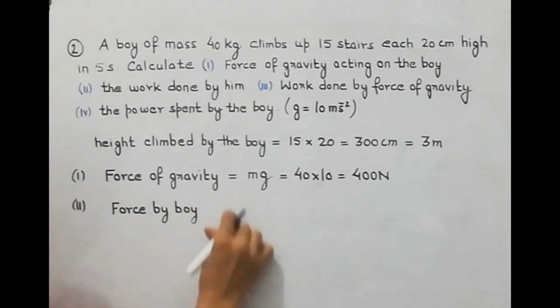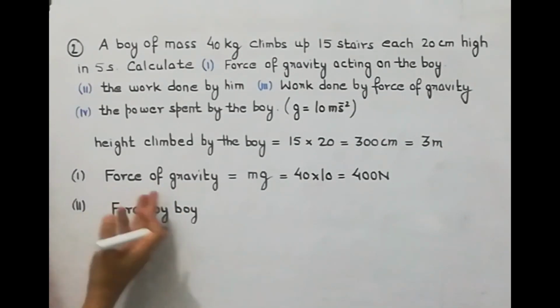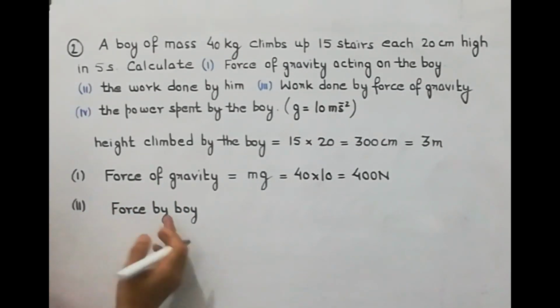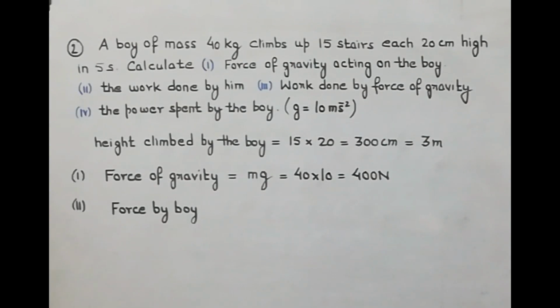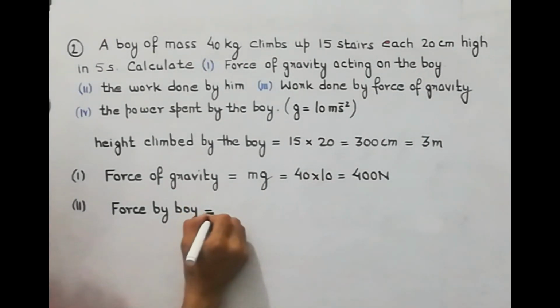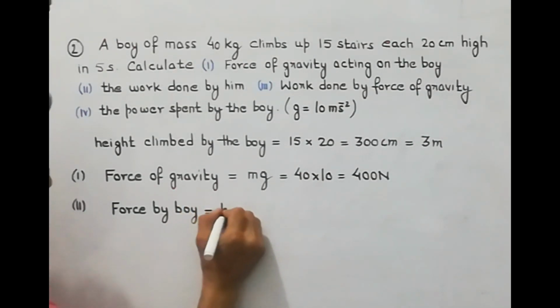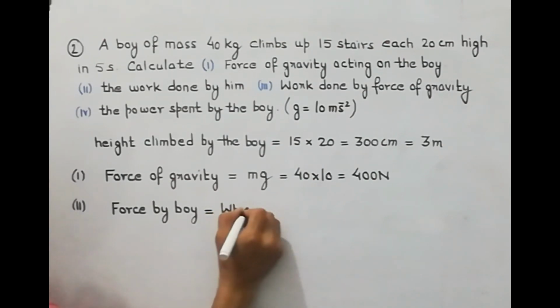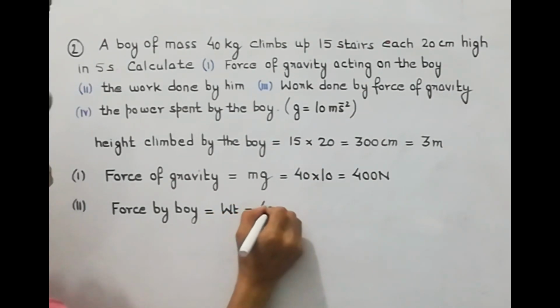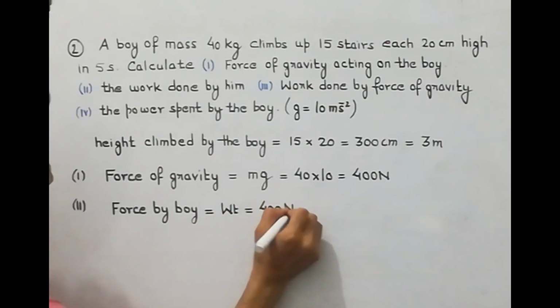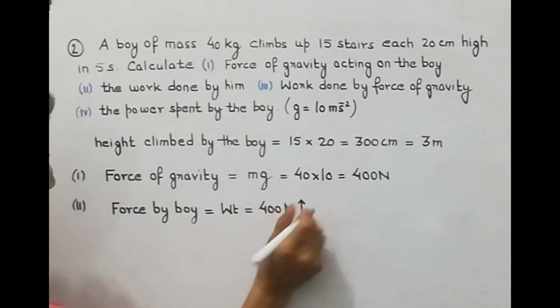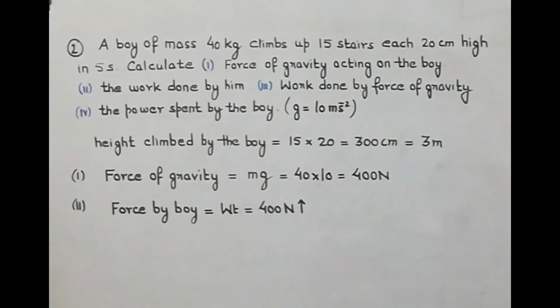Let's calculate it. Force by the boy. So whatever the force of gravity is acting on the boy, that will be the force by the boy. That is equal to his weight, 400 Newton. And he will be applying the force in upward direction.